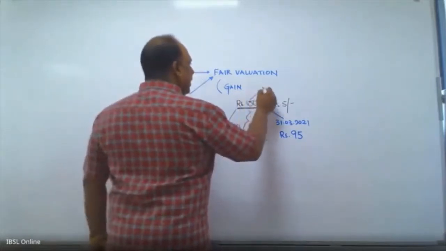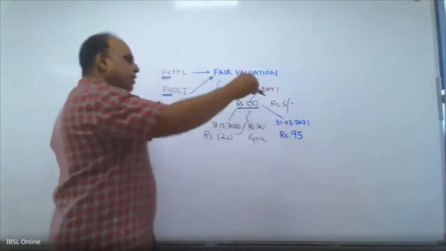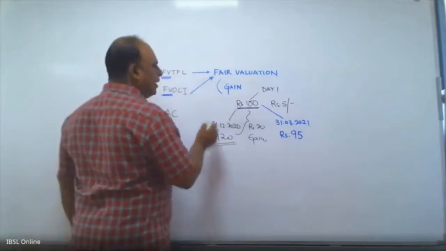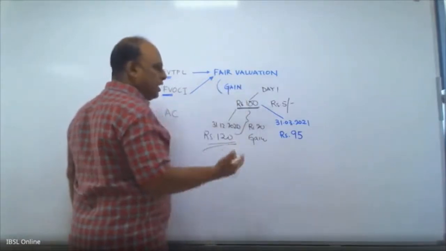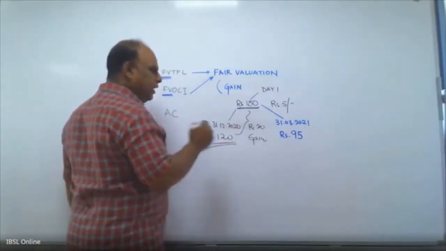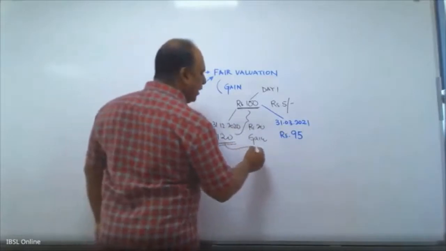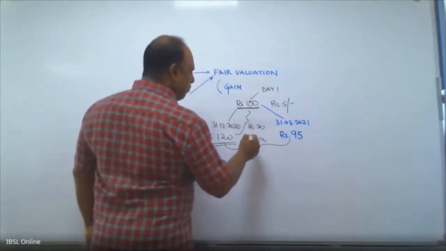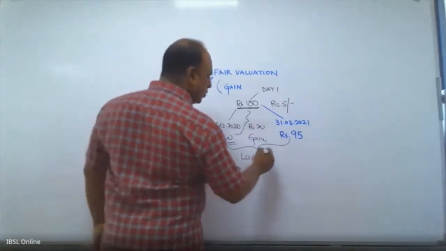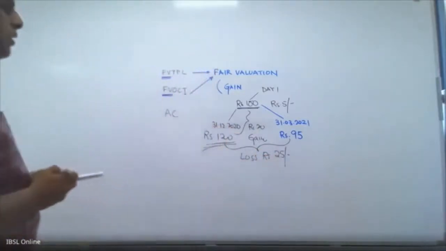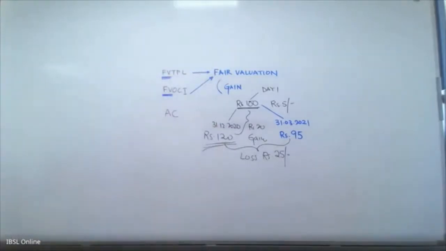This is at day 1, when I brought in the share first. But now I have been changing the value because I have been doing a fair valuation. So the last value that I have in my book is 120. Now I need to compare this share with this 120. Now look what is going to happen. The gain that you have, 20, is now going to change into a loss of rupees 25. This is the fair valuation from one date to another.